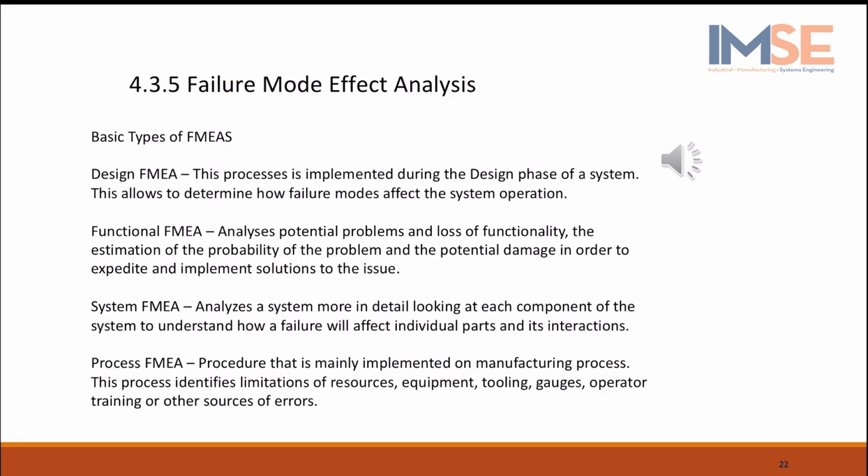The process FMEA is the procedure mainly implemented on manufacturing processes, which identifies limitations of resources or equipment, tooling, gauges, operator training, or other sources of errors. So this could be, as it mentions, operator training, human error, limitations of resources, again, budget costs, which all goes full circle.